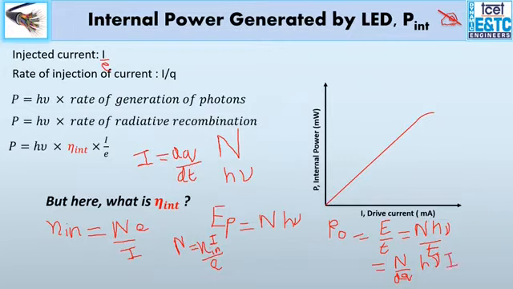Okay. So what we will do is, this is nothing but our quantum efficiency, the rate of flow of your photons by the, this one is not correct.